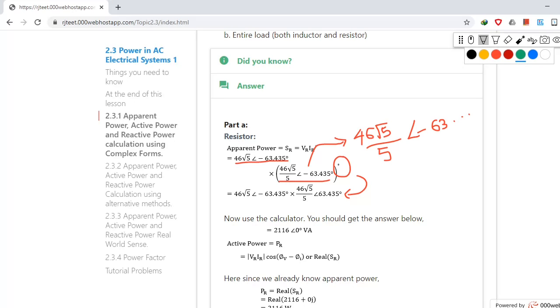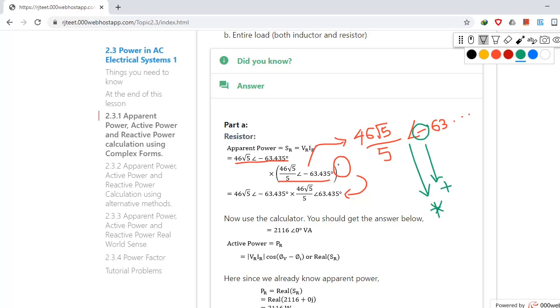And you know, if the complex number is in polar form, to find the conjugate, all you have to do is invert the sign of the angle. So in this case I have to make the sign positive, so it should be positive 63 point something.